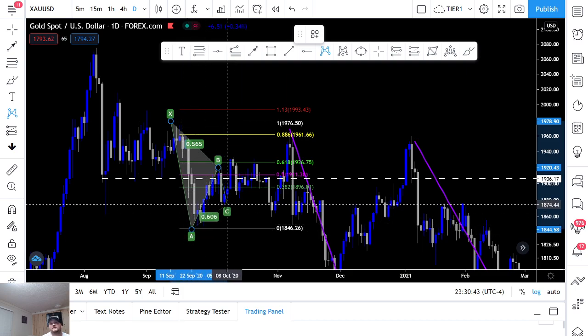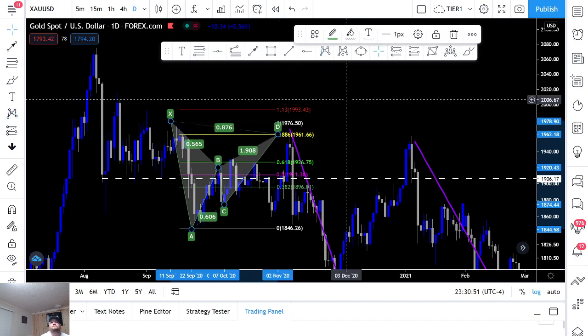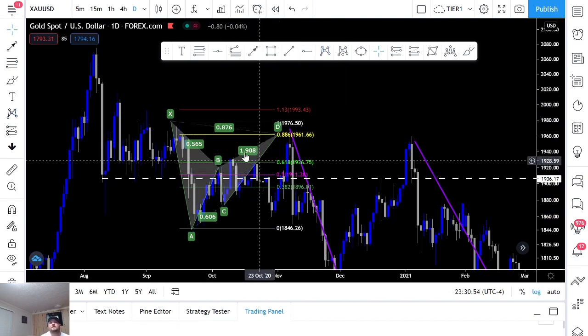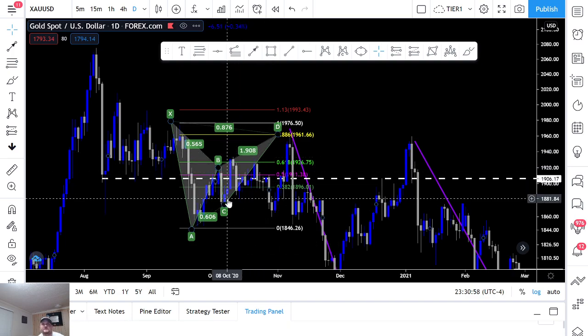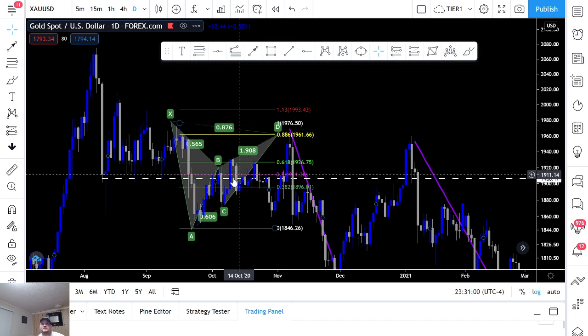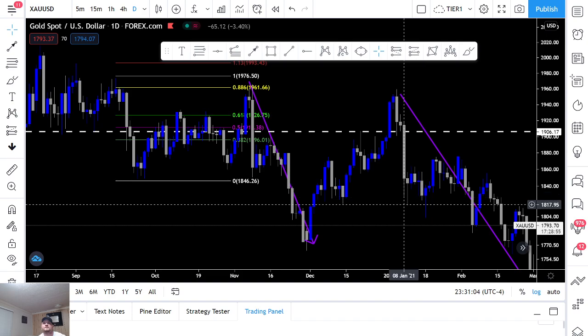But you can tell we got a 61.8 right here, and it goes all the way back up here to the 88.6. But it kind of breaks right here, so it forms into a Gartley pattern. But that's not the bat I seen.